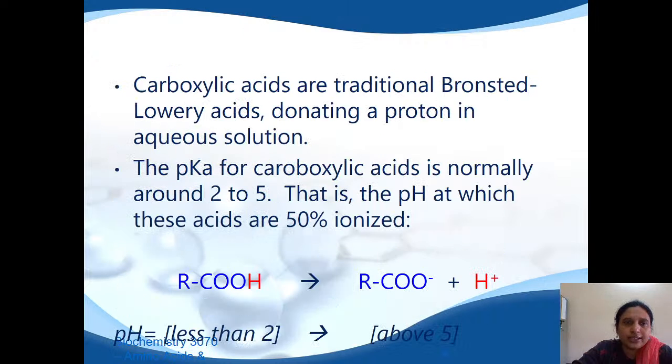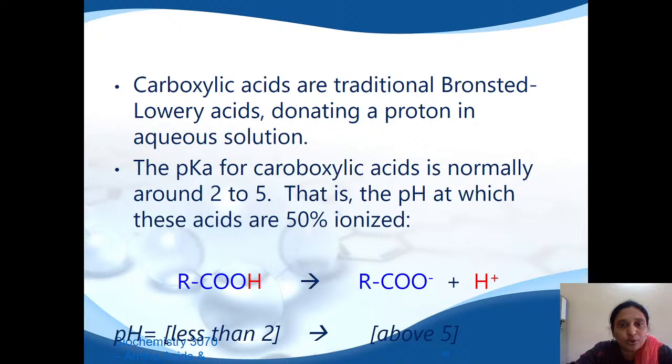If you want, you can see this picture. Carboxylic acids, according to Brønsted and Lowry: what is the property of an acid? Acids are proton donors, ready to donate the proton in aqueous solution.